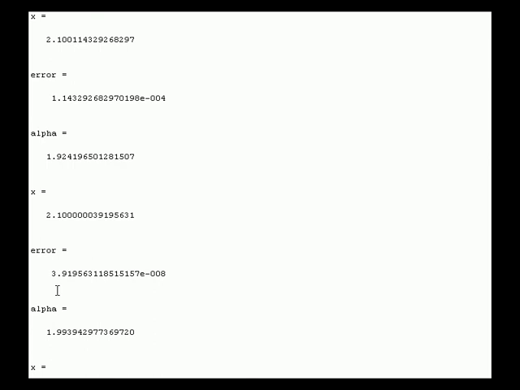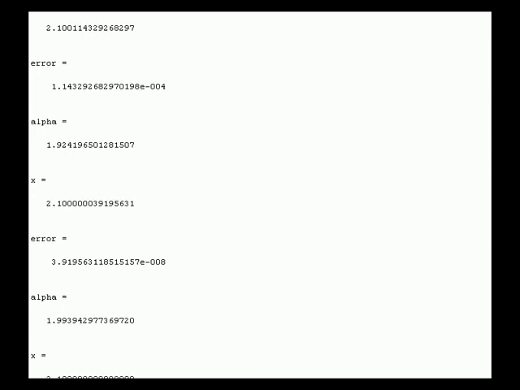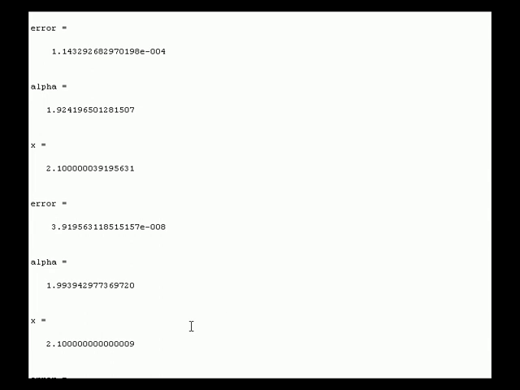And notice the experimental order of convergence appears to be about 1.99. So that's our experimental order of convergence. It's converging very fast. 2 is very good. That means, you can see it's almost exactly 2.1 after however many iterations this is. That means that each iteration, the error is proportional to the square of the previous one. So once the previous error gets small, it really gets small with the next iteration.